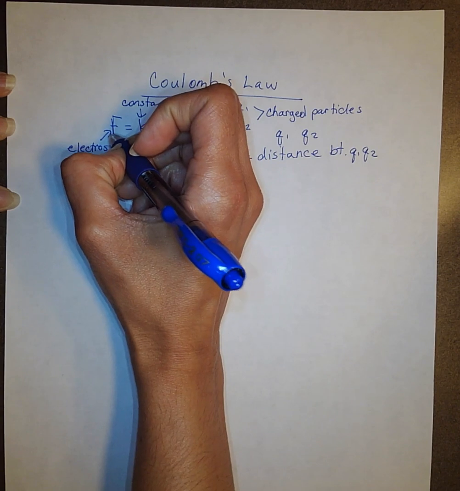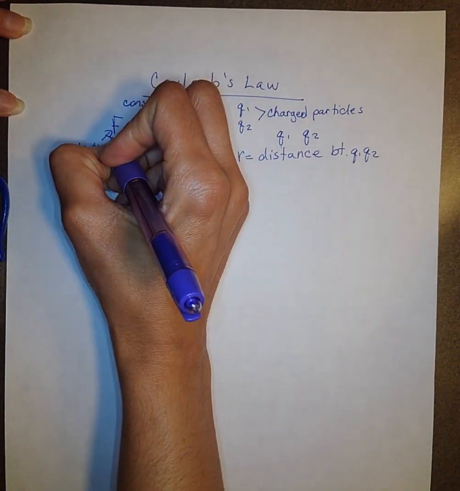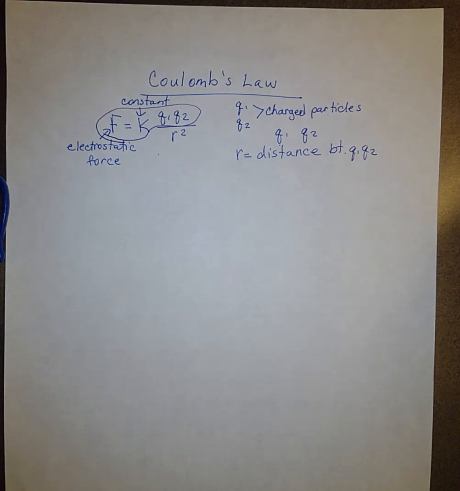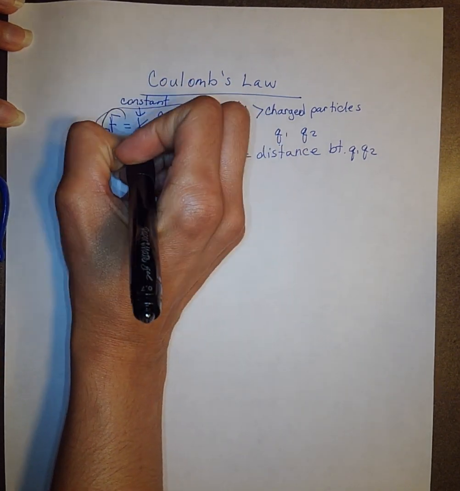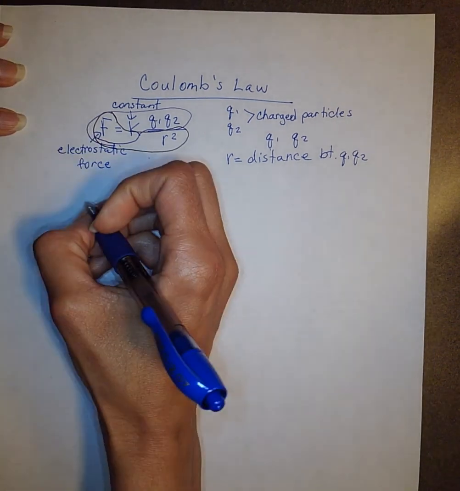The first part of Coulomb's law can be used to describe just force and the charge. Okay, now the second part can be used to describe the force and the distance right here. Okay, so let's talk about the force and the charge.